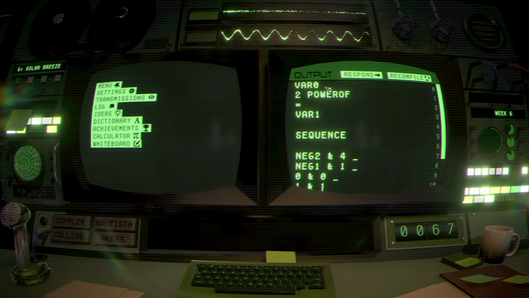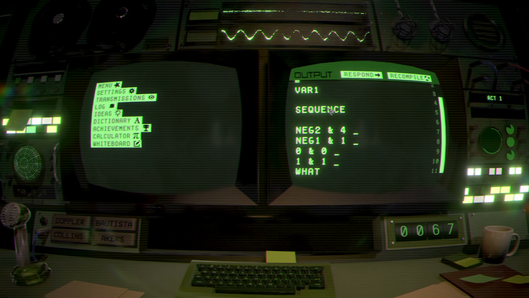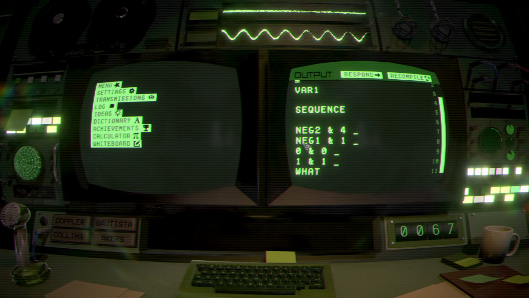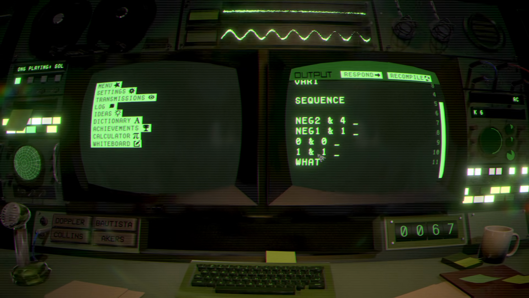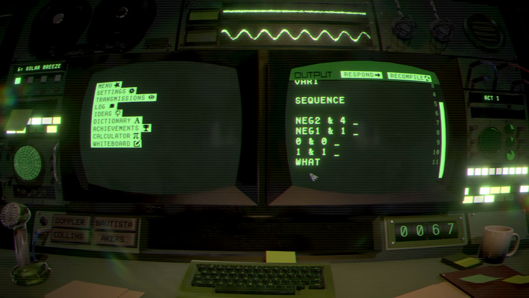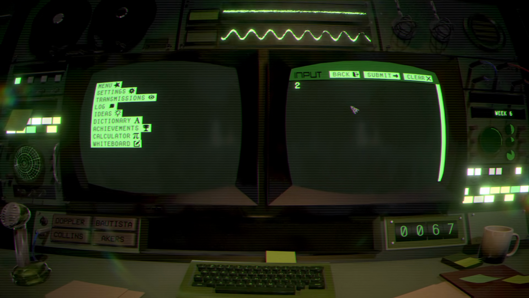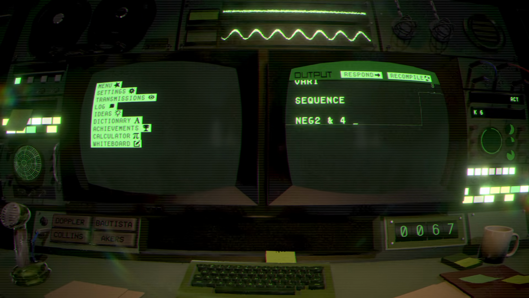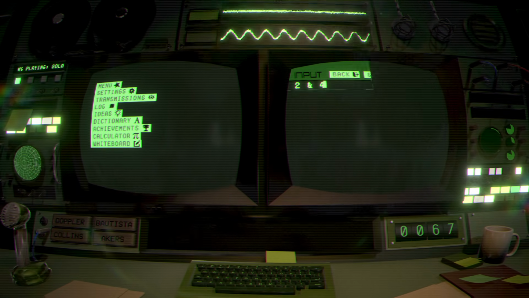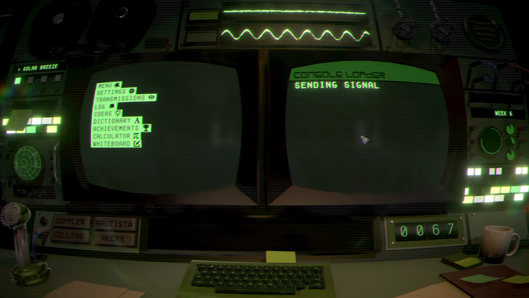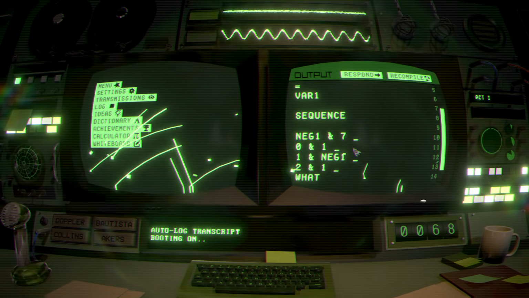The variable 0 to the power of 2 is variable 1. Let's test that. Sequence. -2 to the power of 2 is 4. Yeah, that makes sense. So this would just be 2 and 4, right? 2 and 4. Keep going on the pattern. 0, 1, 2. What's 2 to the power of 2 is 4. Okay, not totally lost yet.